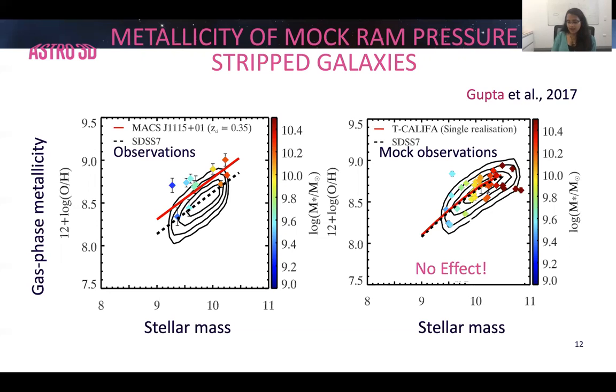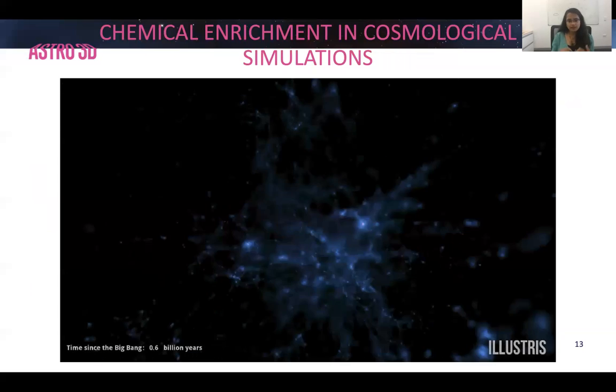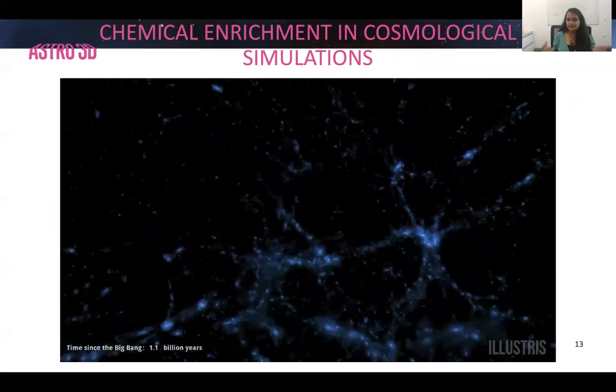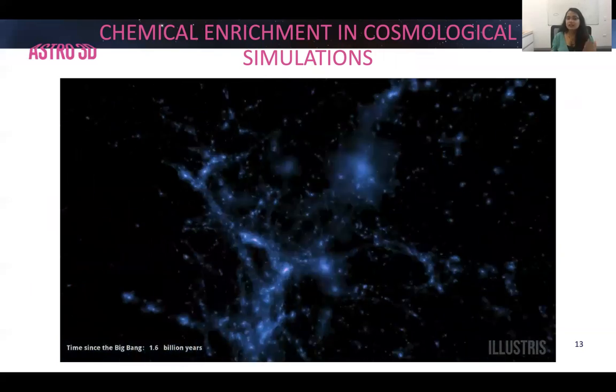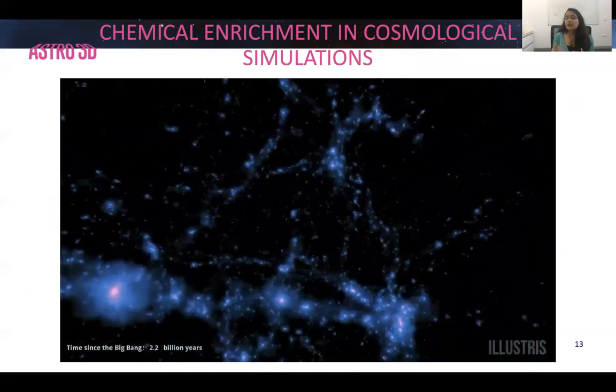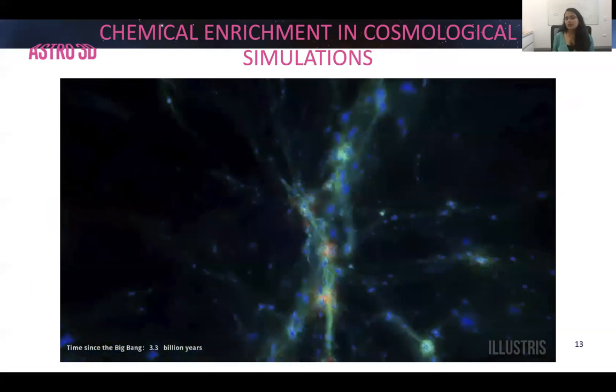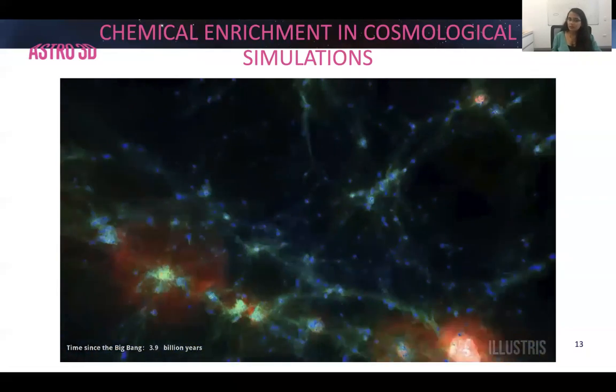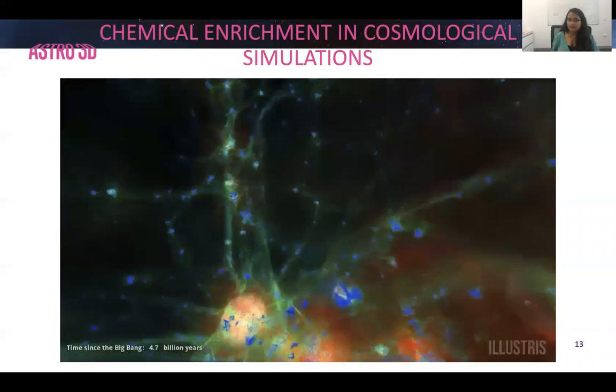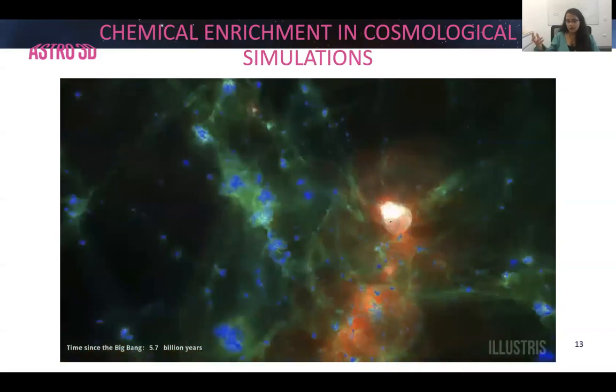However, over the last decade, we have developed really decent cosmological simulations. The advantage with these cosmological simulations is that galaxies and their environment are simulated simultaneously. So we can start to ask questions: how is environment playing a role? Does environment affect the evolution of galaxies? When does it affect it, and how?